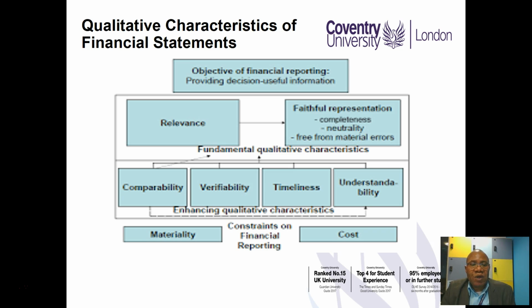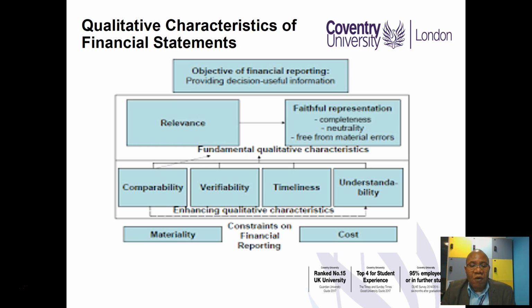In the framework, we have to give attention to the qualitative characteristics of financial statements. And these are divided into fundamental qualitative characteristics which are needed in order for the users of accounts to make informed decisions. And the two fundamental qualitative characteristics are relevance and faithful representation. These were covered in detail during the seminar.